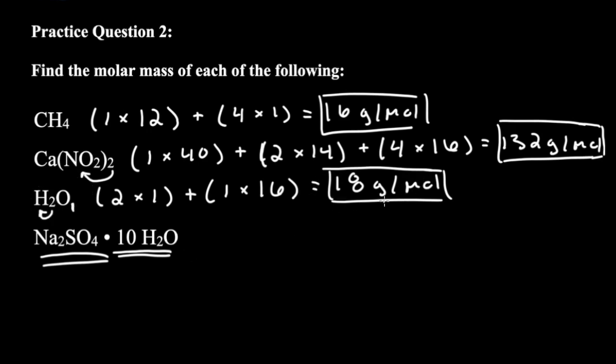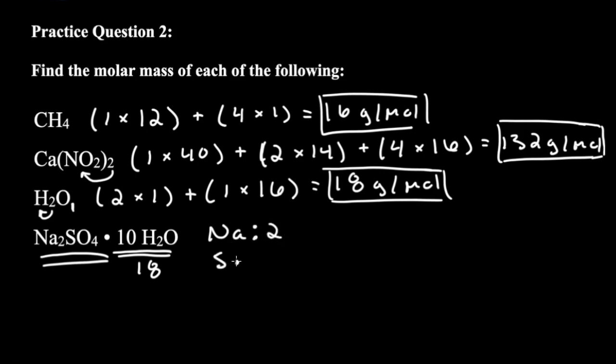And so if I have 10 of these, it's going to be this 10 times 18. Now we've got to figure out what the molar mass of this is going to be. So what we'll do is we'll say we have Na, and we have 2 of those.